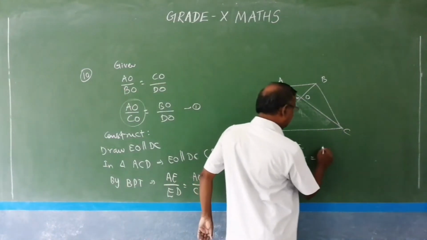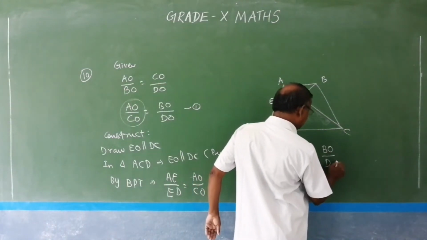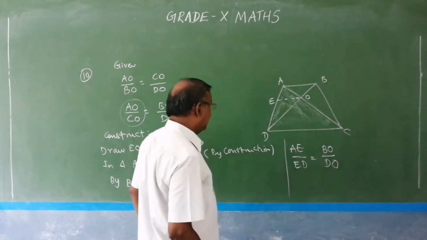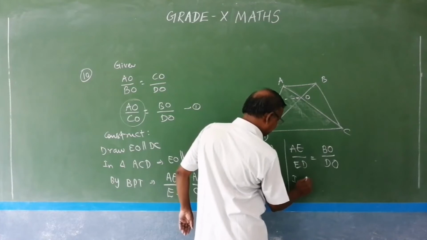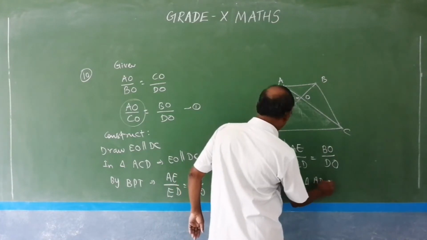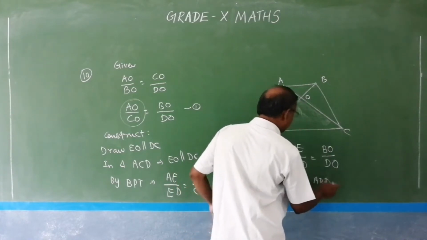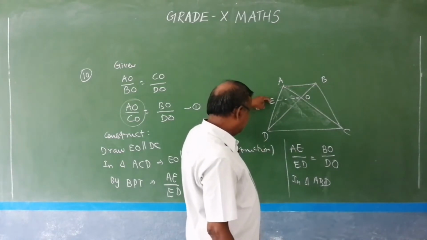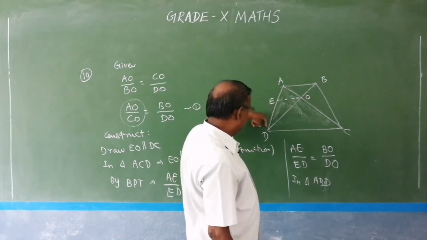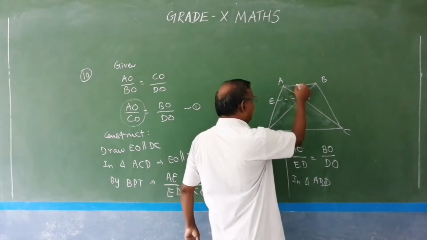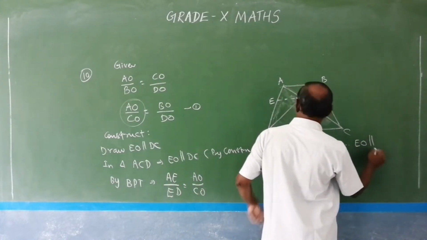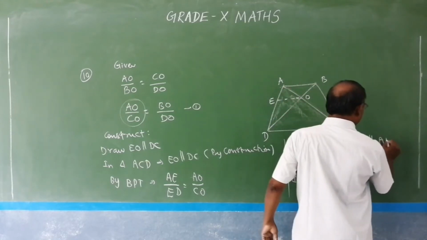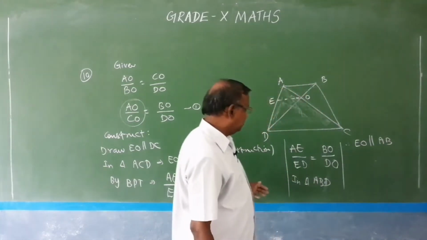So in triangle ABD, I'm sorry, ABD, if AE by ED equals BO by DO, it means the line EO is parallel to AB. Therefore, EO is parallel to AB by the converse of BPT.